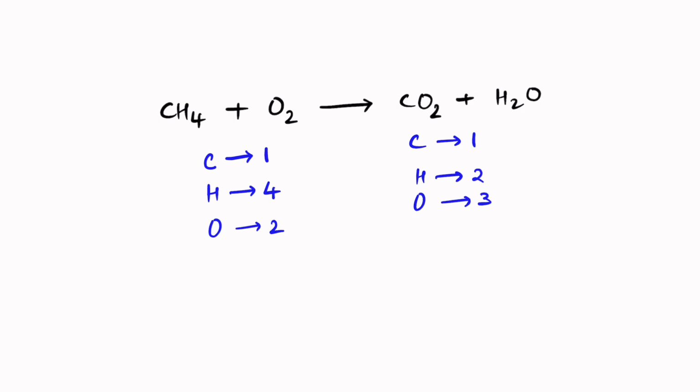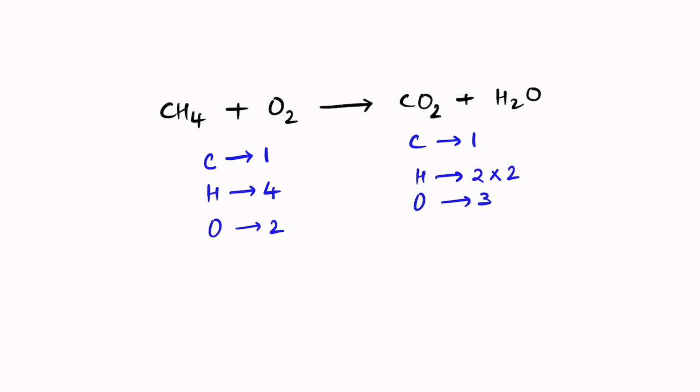In order to balance it, just start from the top. The carbons are balanced on both sides, so we don't have to worry about those. The hydrogens, on the other hand, are not balanced. We have 2 on the right and 4 on the left. So in order to balance the hydrogens on the right, all you have to do is multiply this 2 with 2. And here is something important we need to mention. You will always multiply the atoms.